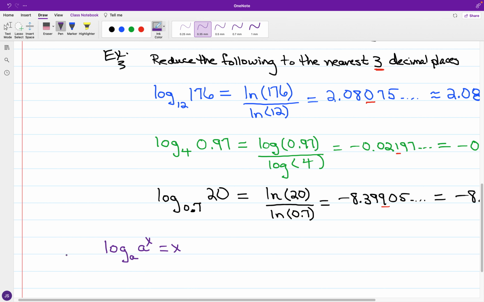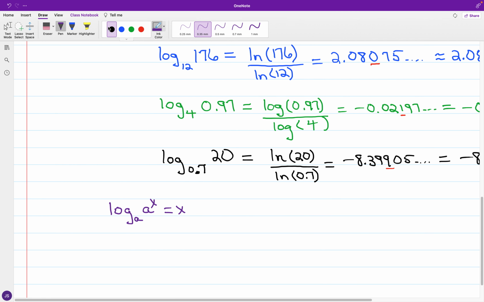So we had a match between the exponential and logarithmic bases. But let's say you don't have a match, kind of like what we have with the change of base formula examples. But let's say we have an exponent attached to that which represents m.